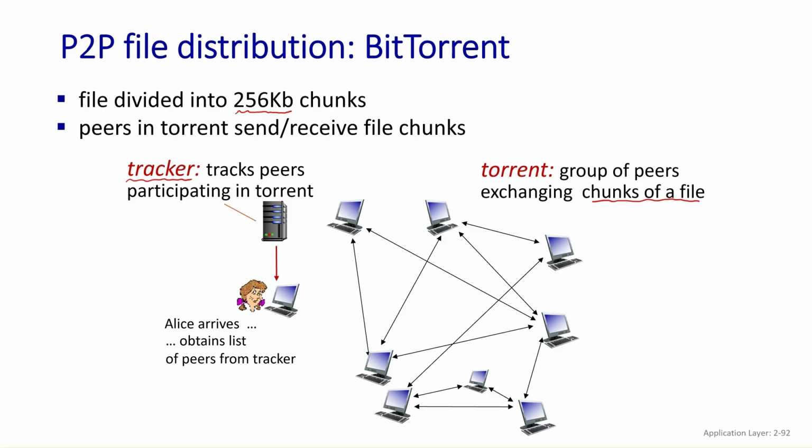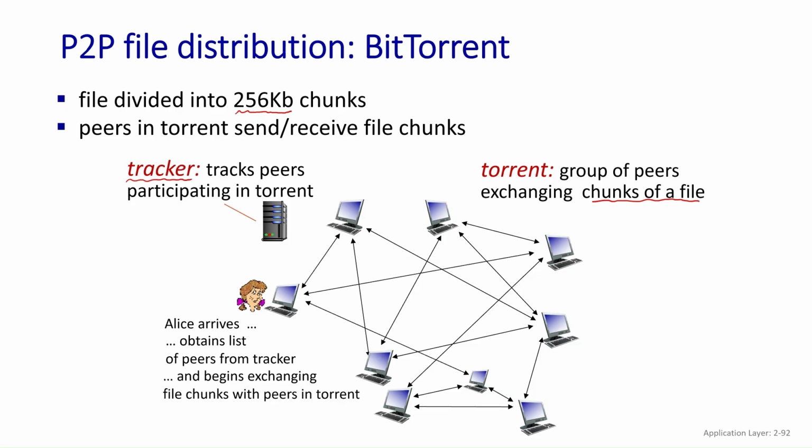Alice obtains the list of peers from the tracker, meaning the torrent, and after getting the list, Alice will make connections with those peers and will start exchanging chunks. Initially, Alice won't have any chunks, but over a period of time, Alice will obtain chunks as well, and will start participating in this file sharing process.